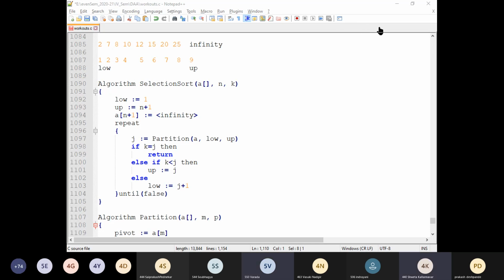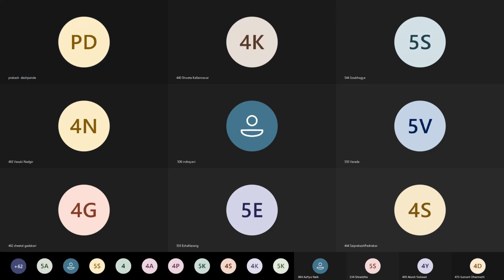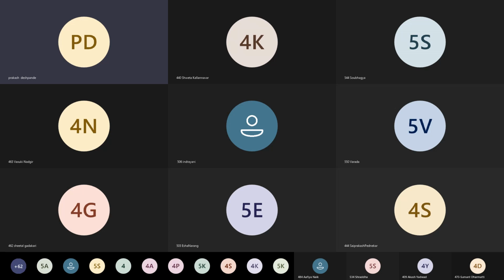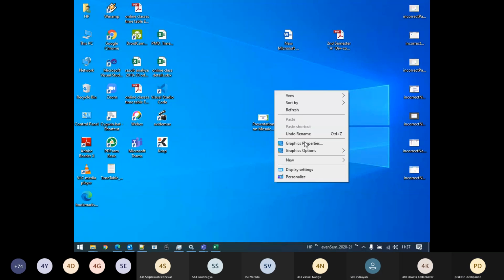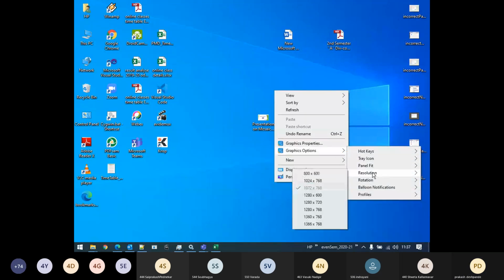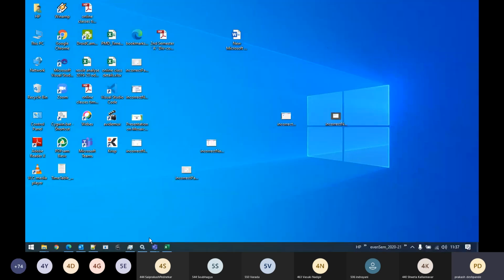No, sir. Okay, one second. Let me share the entire screen, the entire system. I hope you are able to see Excel now. Yes, sir. Let me change the resolution so that you can see both the screens side by side.